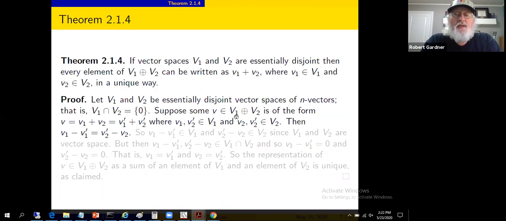Then, being in just the sum of V1 and V2, we know vector v is of the form, say, v1 plus v2. Can also be written, say, in the form v1 prime plus v2 prime, where v1 and v1 prime are vectors from vector space V1, and v2 and v2 prime are vectors from vector space V2. All right, so essentially assume there's two different representations, and we're going to show that they are the same.